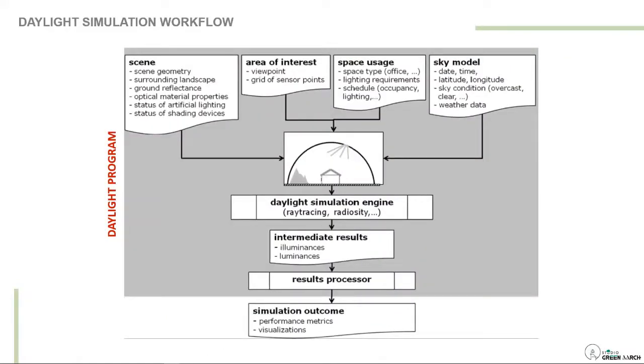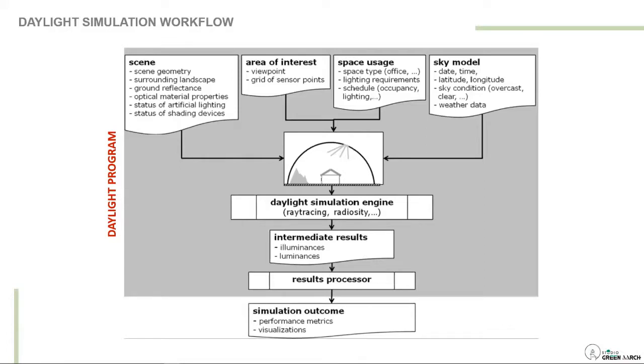So you should always remember this image. This is a very important image just to cross check what you have done. Whenever you are doing any daylight simulation, you should cross check this with your model. For example, have you set your scene? What is the area of interest? Are you doing a view based or grid based simulation? What is the space occupancy type?